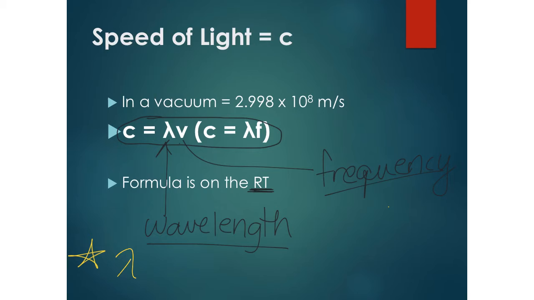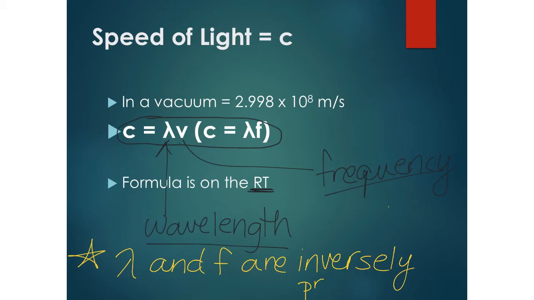So that's an important thing to make a note of, that wavelength and frequency are inversely proportional to each other, meaning if one of them is higher, the other one will be lower. So if you have a longer wavelength, you will have less frequency. Less waves will go by per second. A shorter wavelength, you will have a greater frequency. More waves will go by per second. So wavelength and frequency are inversely proportional to each other.